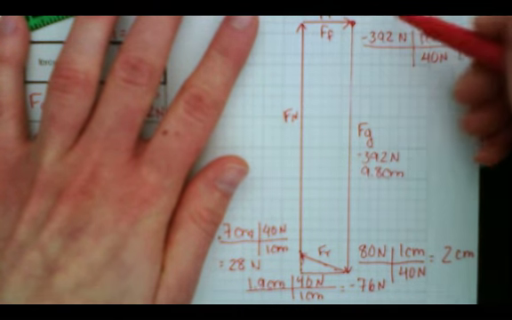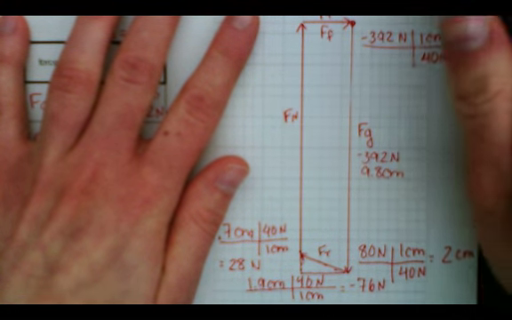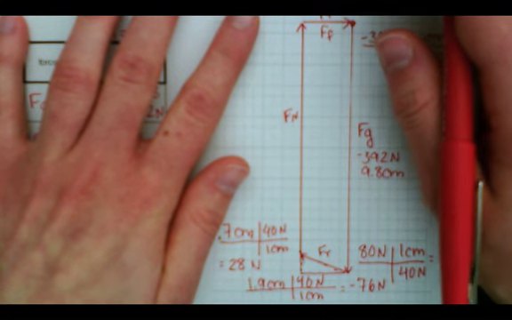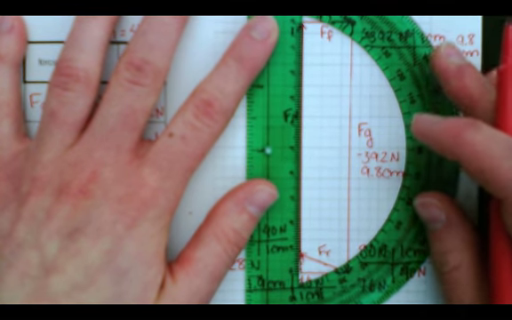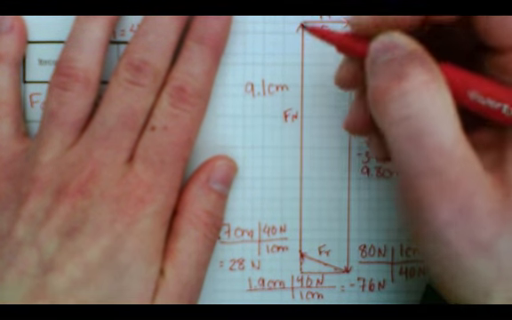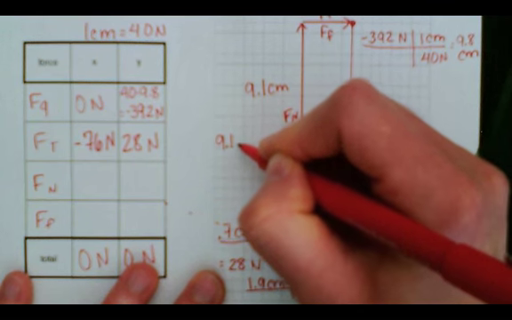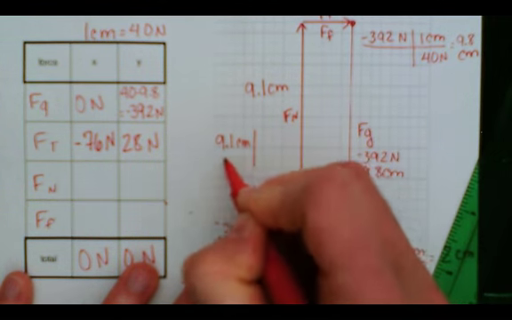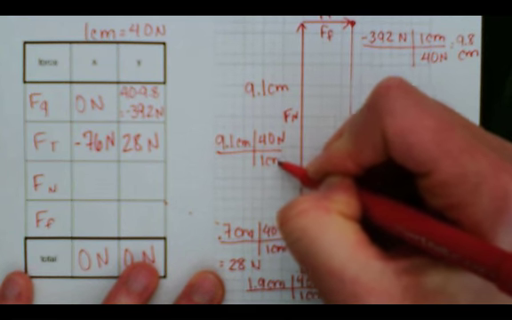We can now use this diagram to calculate both our normal force and our frictional force. Let's begin with our normal force. Our normal force measures 9.1 centimeters. Let's use our conversion factor, 40 newtons per 1 centimeter.